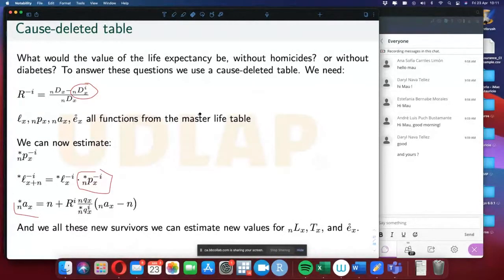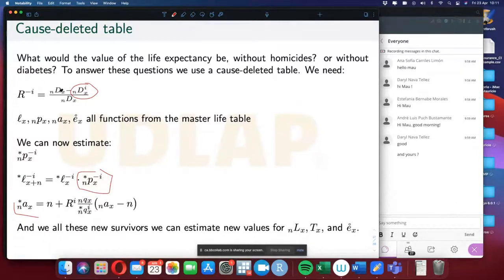So when we work with cause-deleted decrement, essentially what we do is remove one specific cause. The ratio, the proportion that we are going to use, is going to be this value. We're going to express it with the negative i, essentially the negative cause of death i, like minus cancer, minus external causes, accidents, or whatever you want.